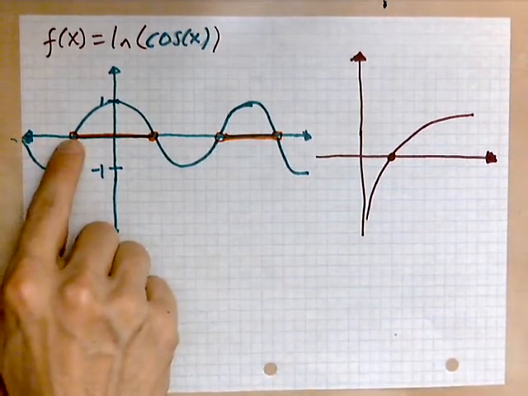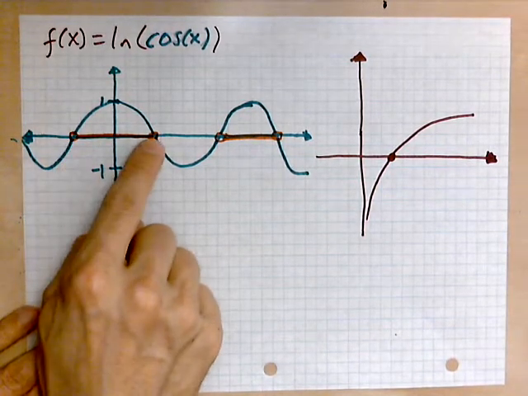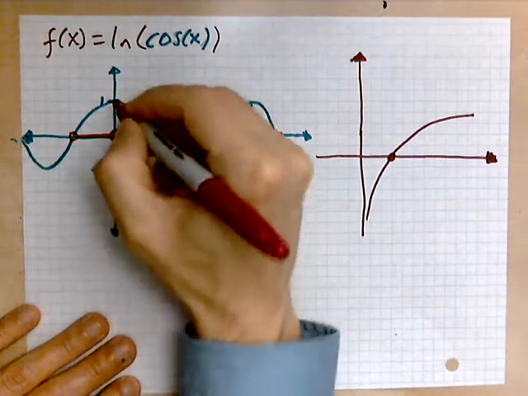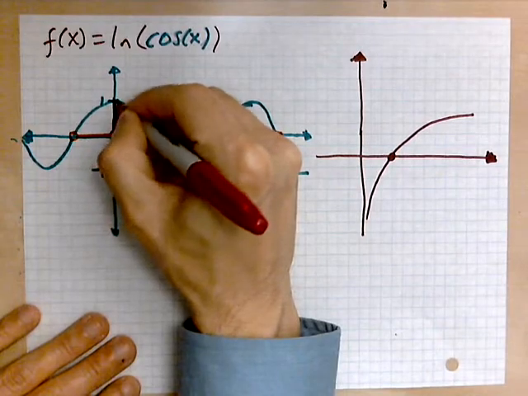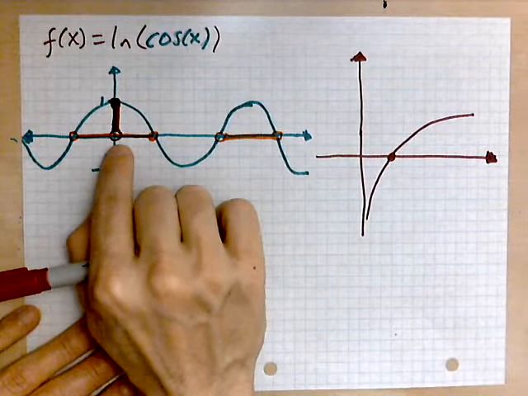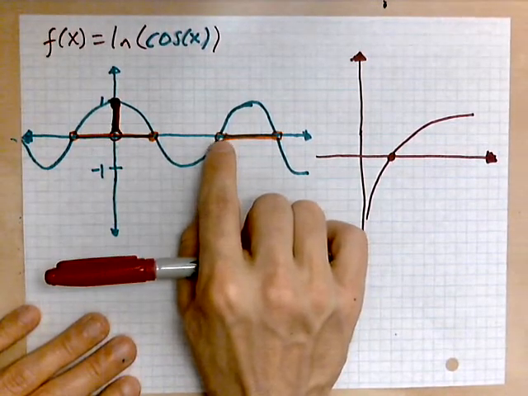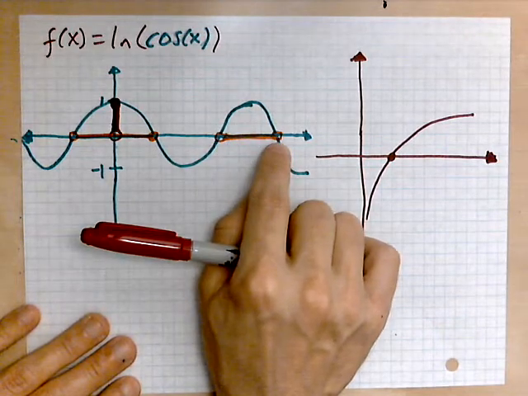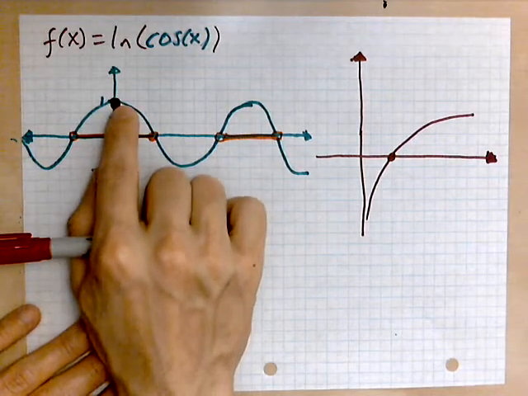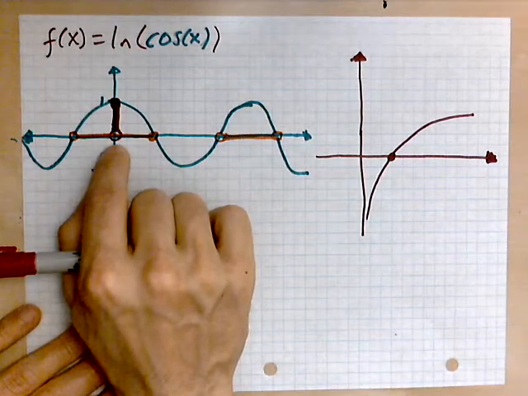Any value of x you feed into the cosine function from this interval results in a value on the y-axis that goes between 0 and 1, exclusive of 0. You see? If I choose some values of x from this domain here, once again, all of those will lie between 0 and 1, inclusive of 1, exclusive of 0.